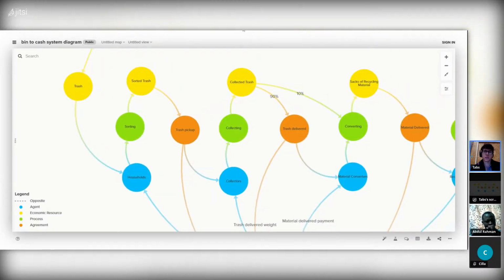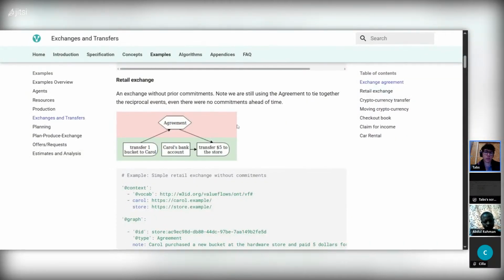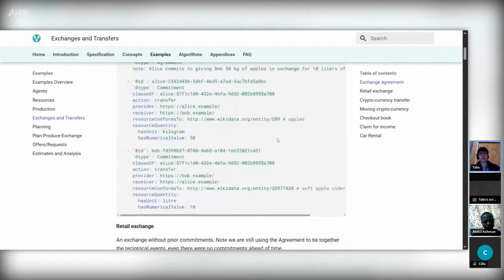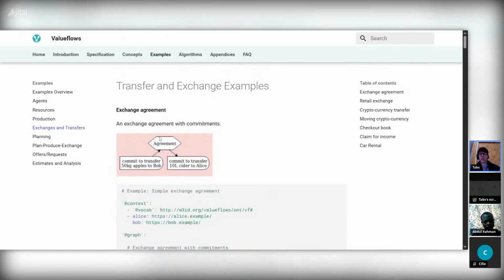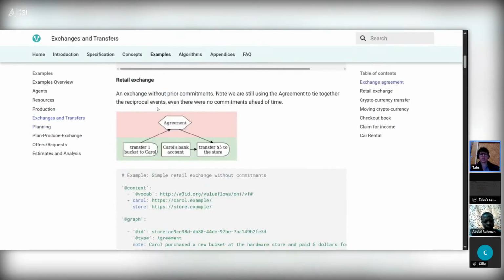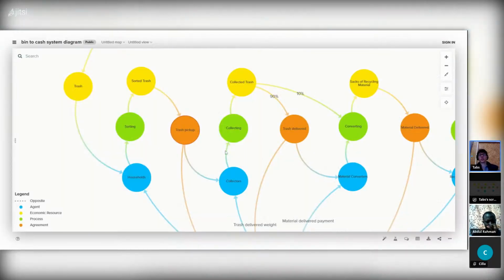And the difference that we understood between these two agreements is the first one is like a promise of something that will happen in the future, whereas the second one is like there's no commitments. It's nothing happening ahead of time, it's happening there and then. So I think that's why we decided it's more suitable for this exchange here.